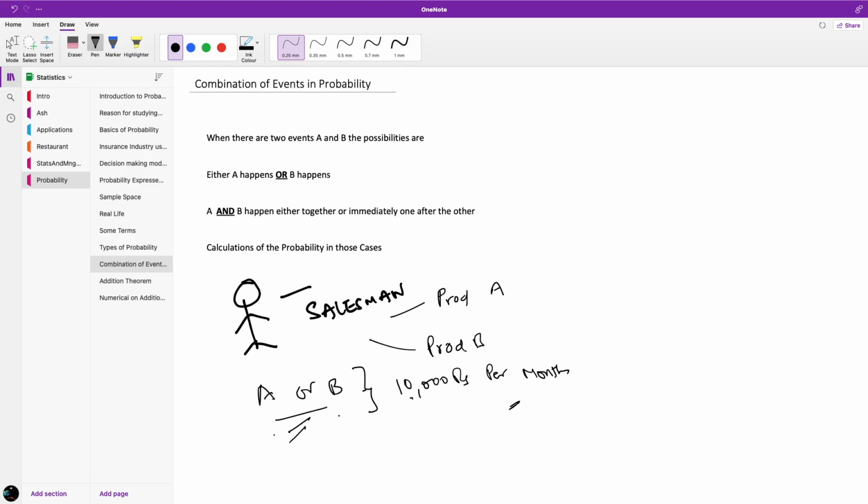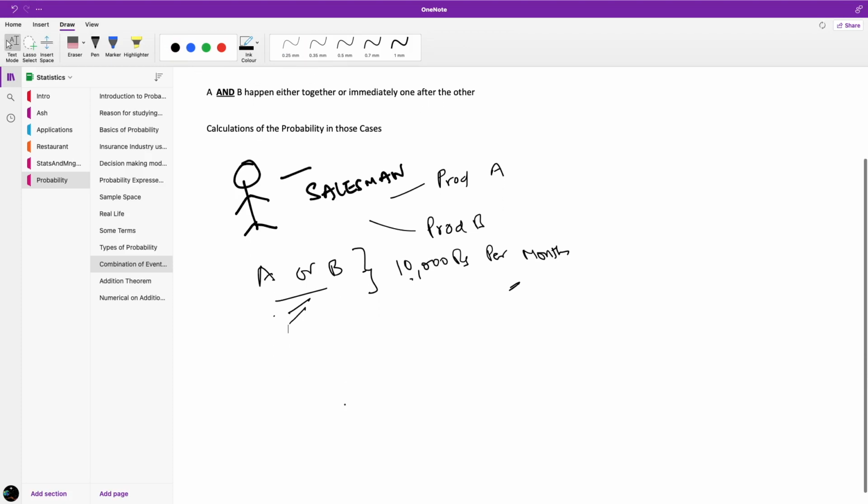Another situation might be, let us say a project is under progress, and there are criteria to evaluate whether the project is a success or not.